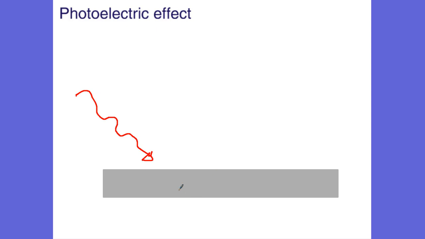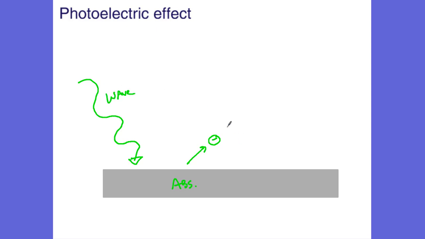The metal absorbed all of the red light. But when he took something with a little bit of a higher energy, like green light, it absorbed some of that green light, but off came one particle, or electron. So in came a wave and out came a particle.